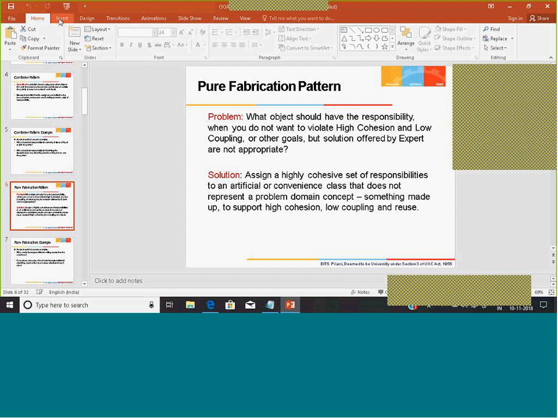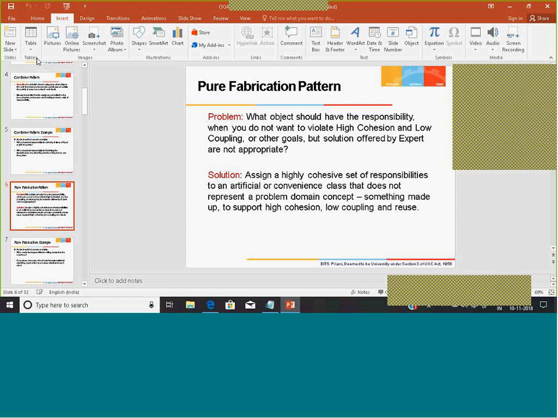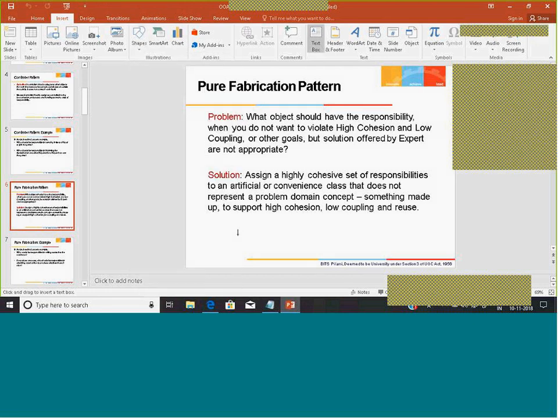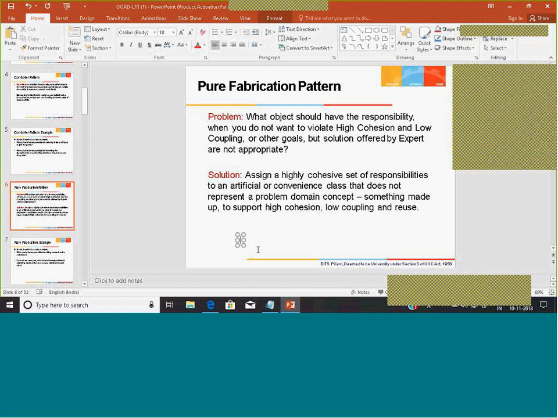I'll just give you an example. The example of a pure fabricated class would be something like a database manager class. Let's consider my snakes and ladders case study.